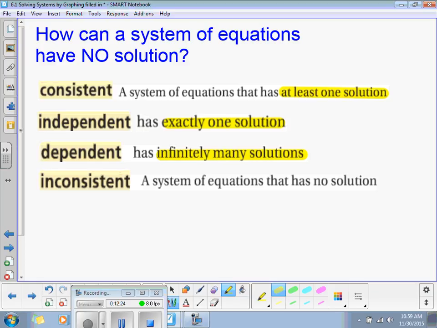Two different equations, but they occupy the same space. And inconsistent is a system of equations that has no solution. And of course, how are we not going to have a solution? If they are parallel lines. Very good.